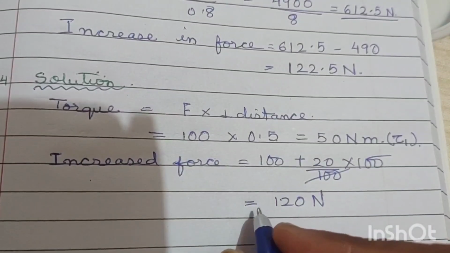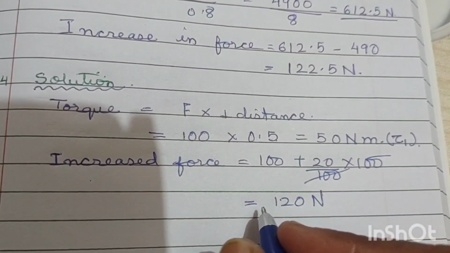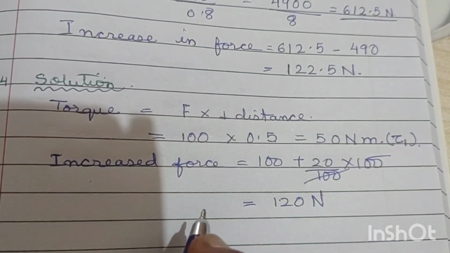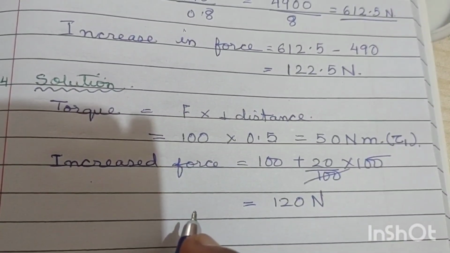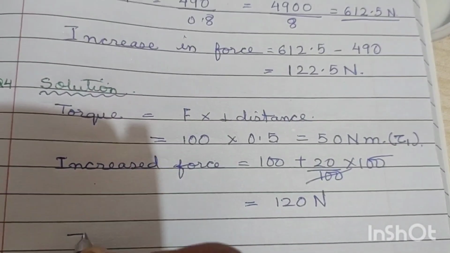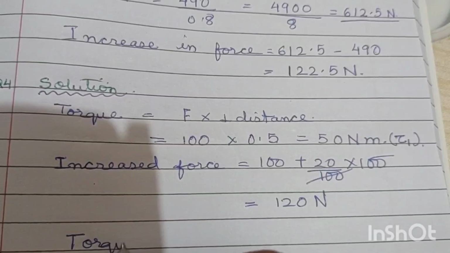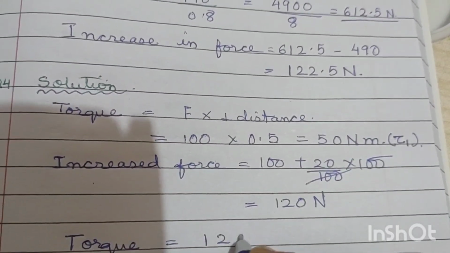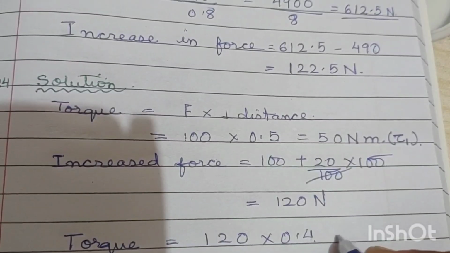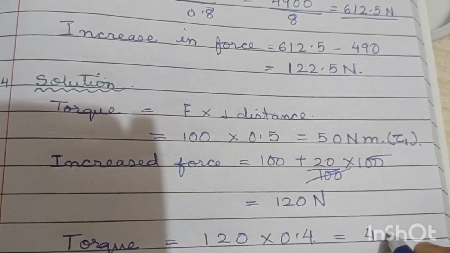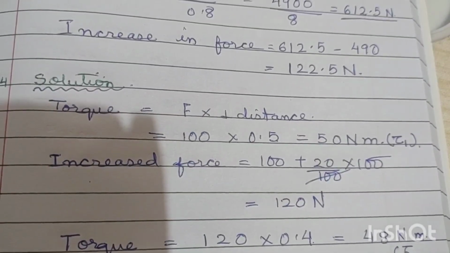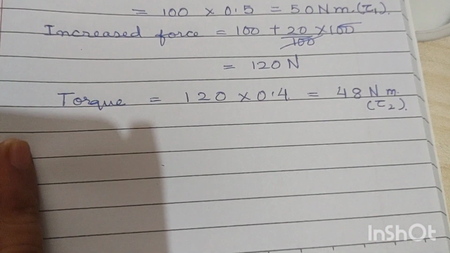And the new distance, point of application of force, is 0.4 meter. The mechanic increases the force but holds the spanner closer at 0.4 meter. So distance is 0.4. Now in this case torque is 120 into 0.4, which is 48 Newton meter. This we can represent as tau 2.